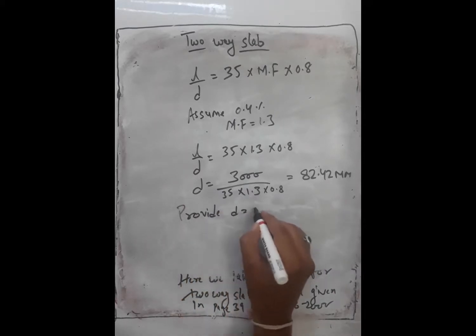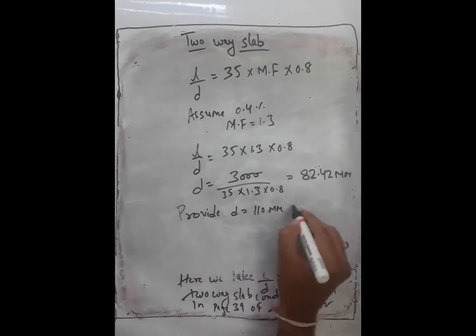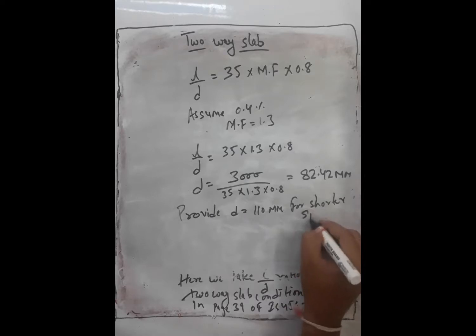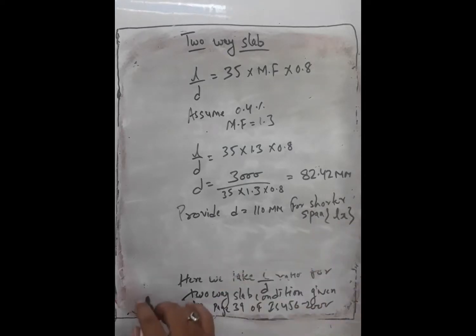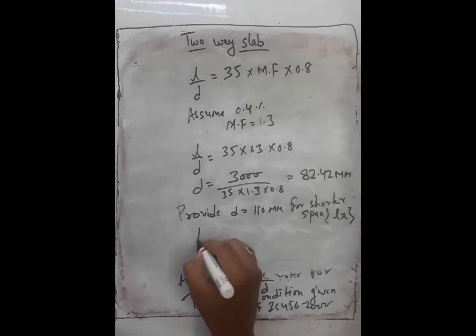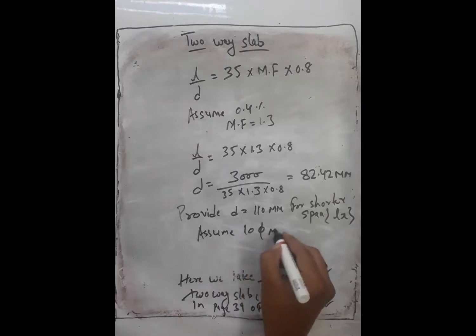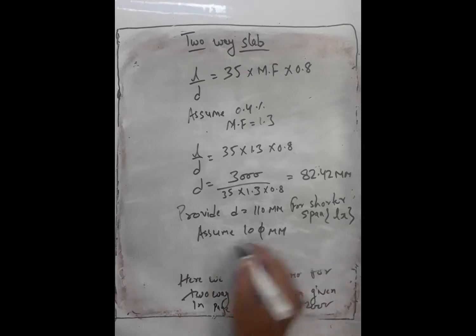So here we provide an effective depth of 110 mm for the shorter span, that is Lx. Here we assume 10 mm bars.